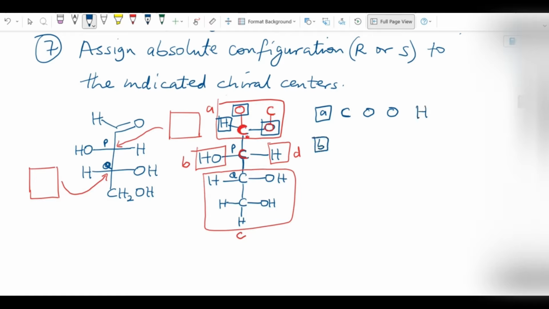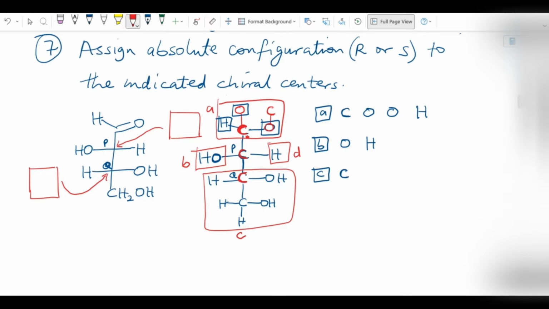Now let's go to B. B has OH, that's the OH group. Of the atoms in that group, oxygen is what is directly attached to the chiral carbon P. I'll write the oxygen, and then we'll have the hydrogen. Now let's go to C. C has so many groups, but the atom that is directly attached to the chiral carbon P is C. So I will list that first.